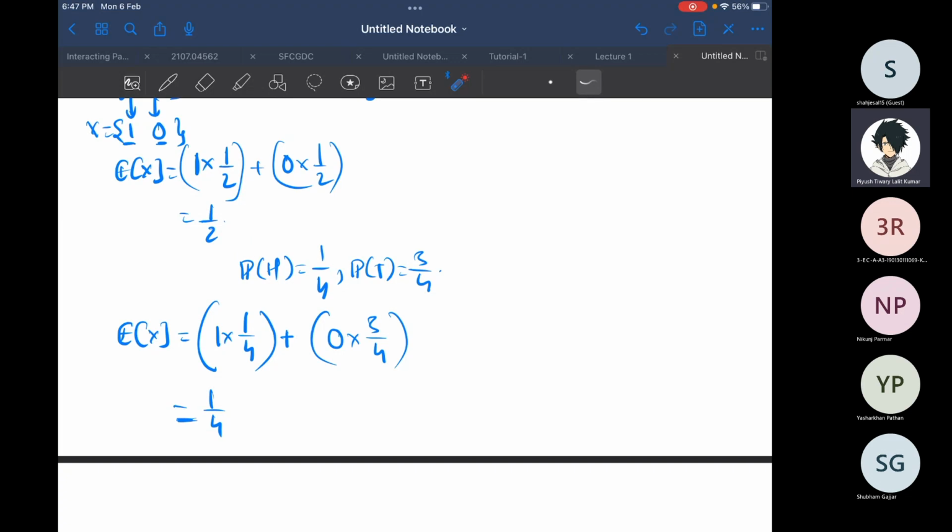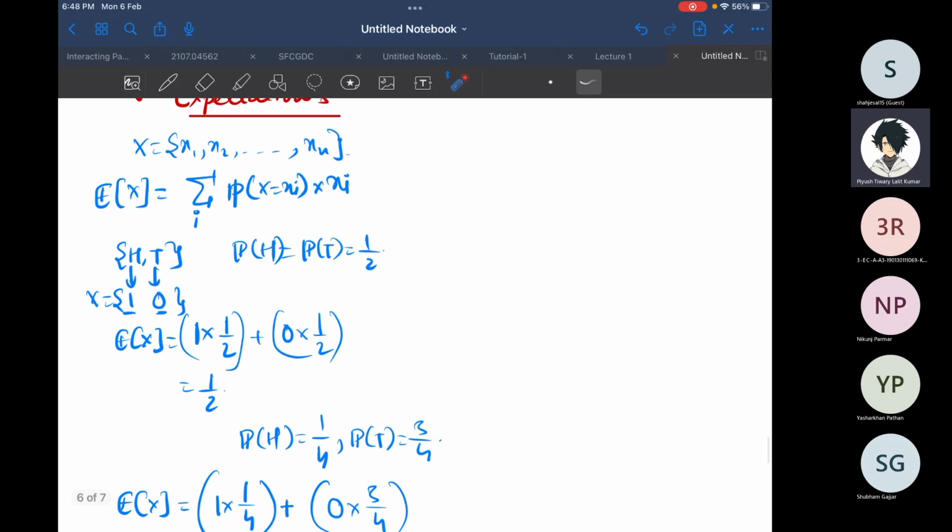If I see heads as winning, I am expecting less now, because the coin is biased and I cannot leverage it. So in some sense I am at a disadvantage, and that's why my expectation has decreased from half to 1 by 4.